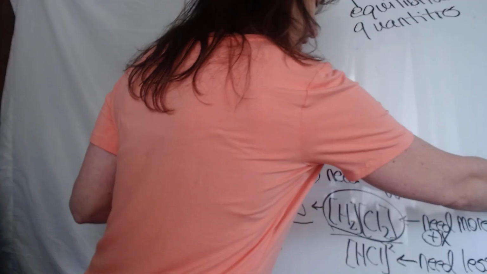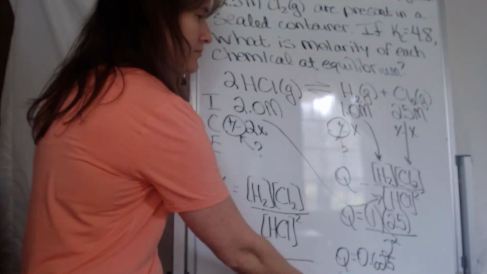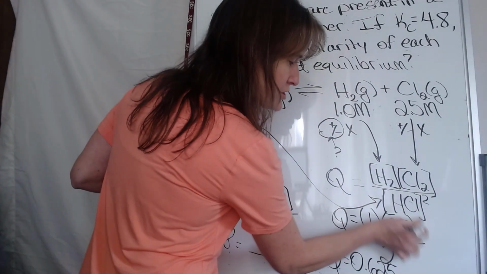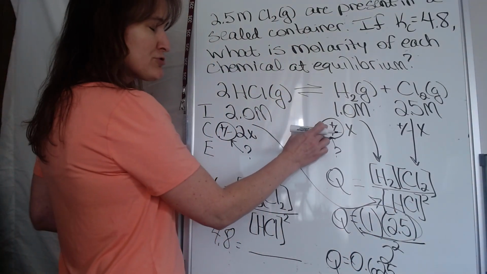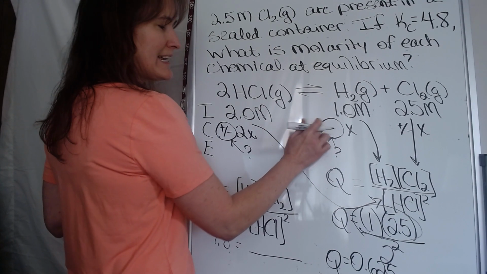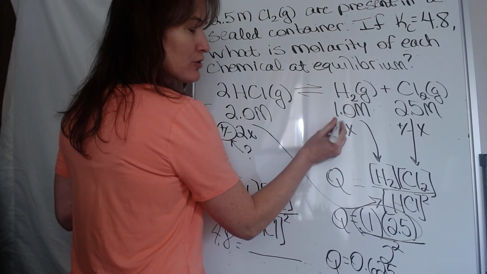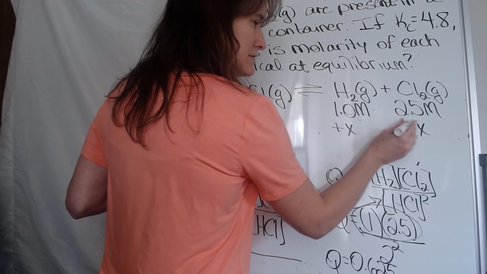So I'm going to go back across the board here. Okay, so my Q value, these values were too little. They were too small. So I was trying to figure out, do I add or subtract? So we already figured out that they're too small, so that means I need to add. So my quotient allowed me to answer the question, what side do I add and subtract?